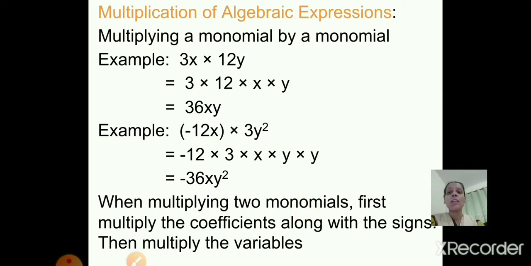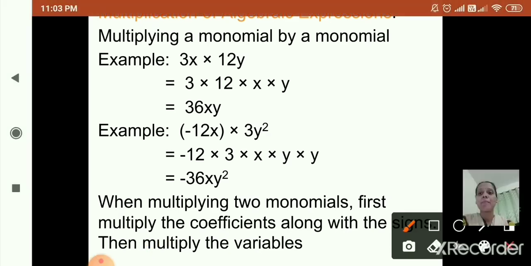While multiplying two monomials, first the coefficients. As you know, which are the coefficients? See here, in this example, 3x multiplied by 12y, 3 is the coefficient and 12 is the coefficient, right?